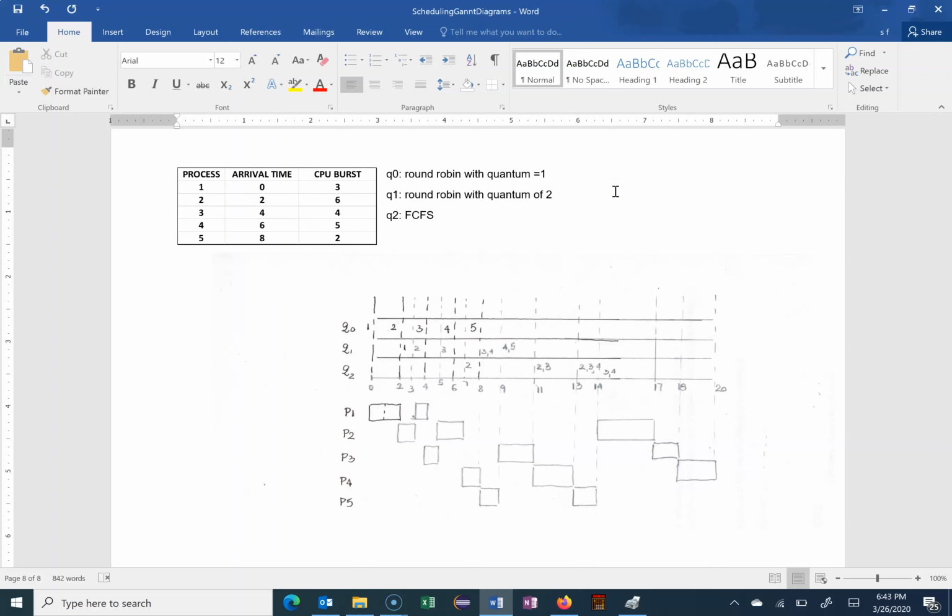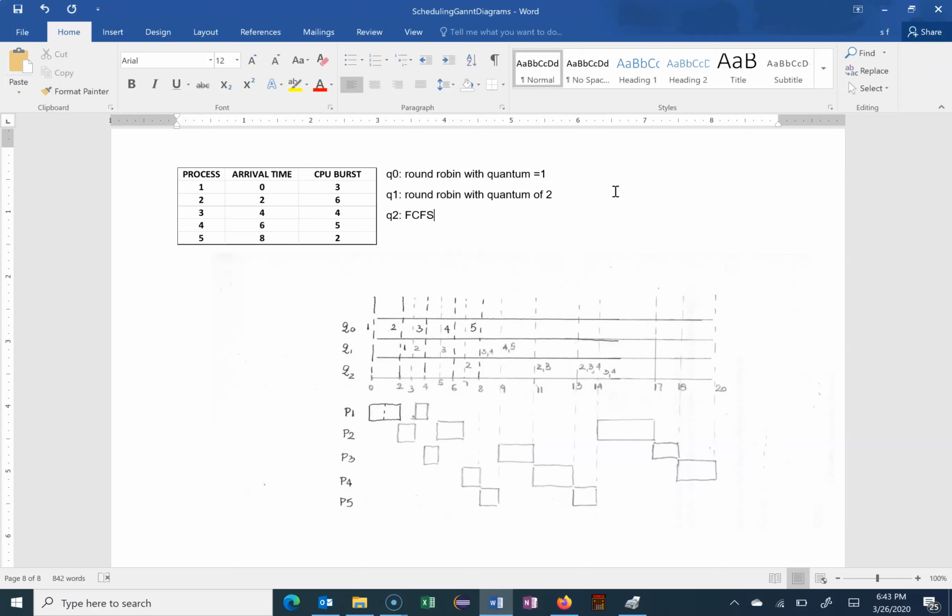Now, if a process is preempted, and it's very important to understand this part, Q0 and Q1 have round-robin scheduling algorithms. Round-robin is a preemptive scheduling algorithm. So if the process is preempted, it will not go back into the same queue, but is gonna move on to the next lower priority queue.